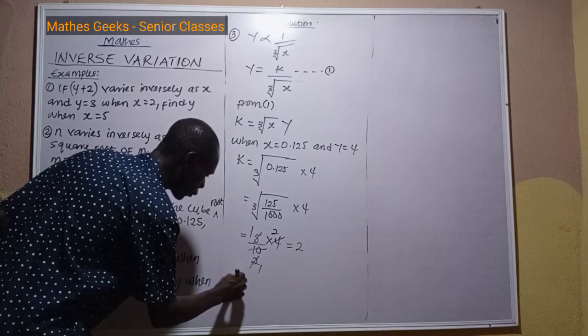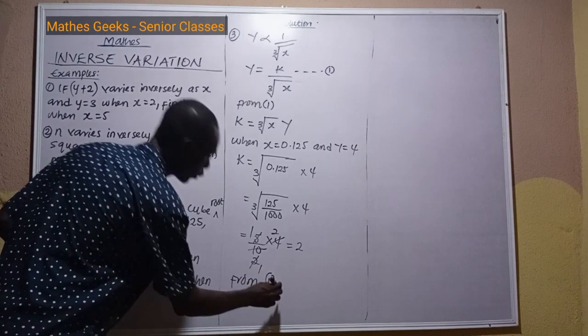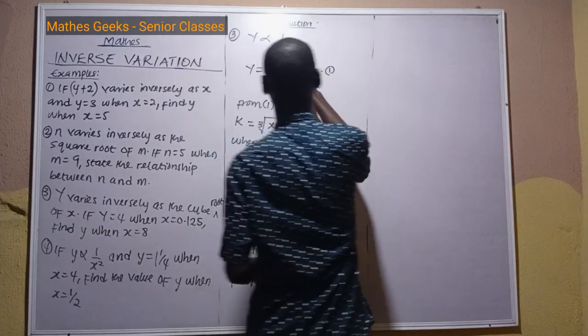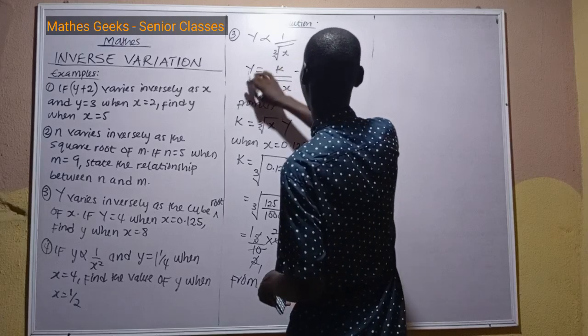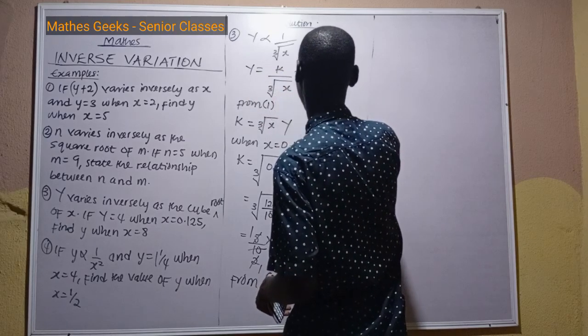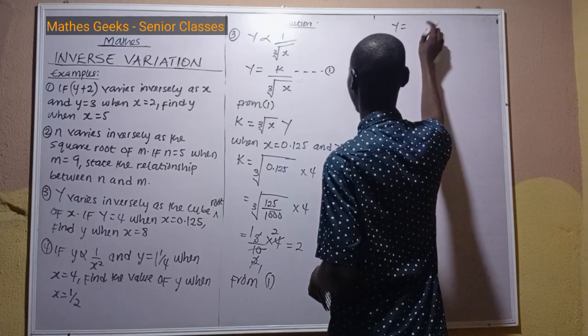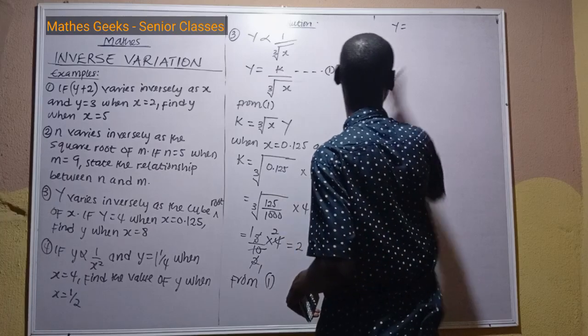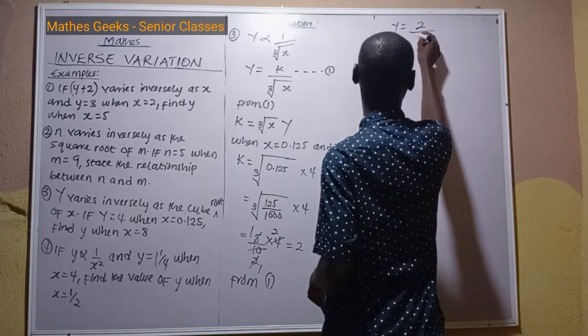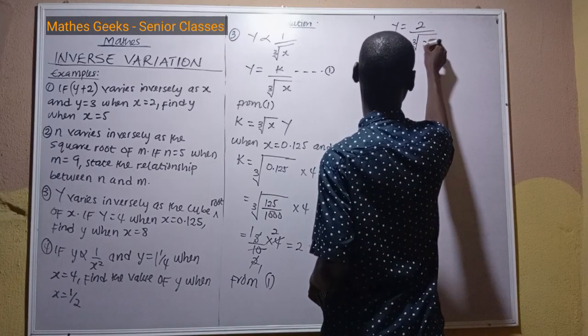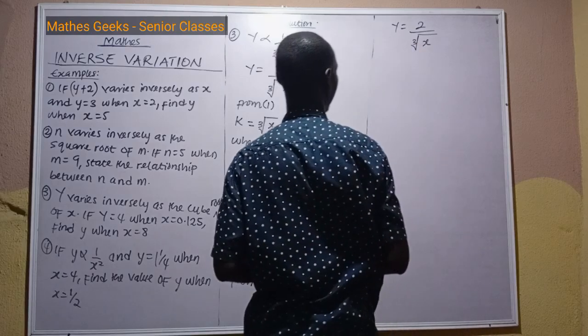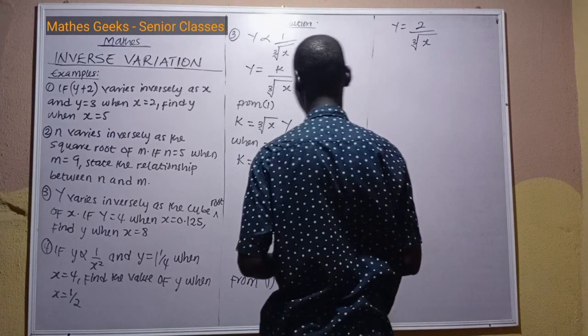So from 1, we want to get the formula connecting y and the cube root of x. y is equal to 2 over third root of x. This is the formula connecting y and cube root of x.